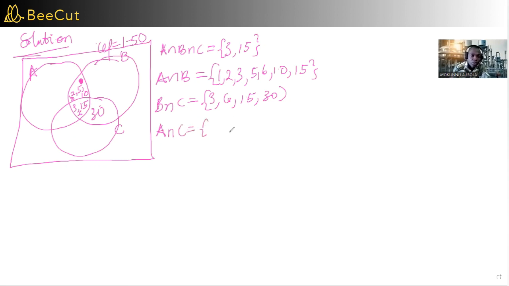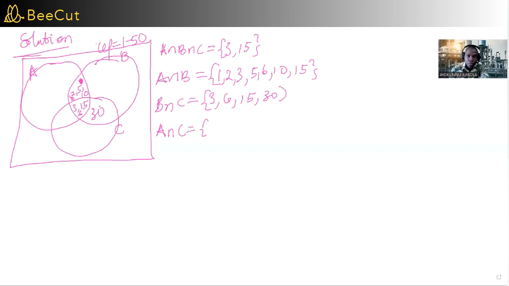To check A intersection C means check what is common to A and is also in C. So in A, I have 1 to 20. In C, I have multiples of 3. So what are the multiples of 3 that exist between 1 to 20? That is 3, 6, 9, 12, 15, and 18.